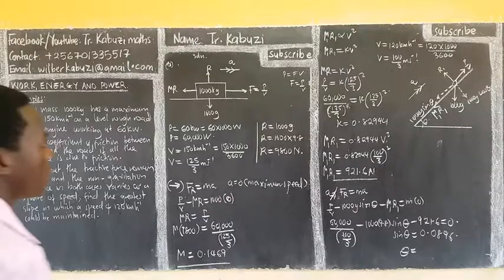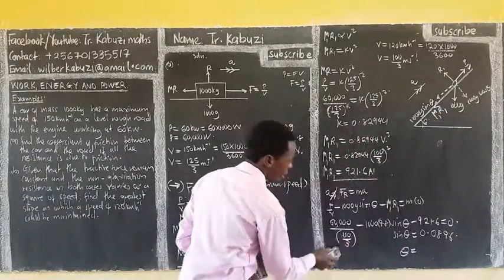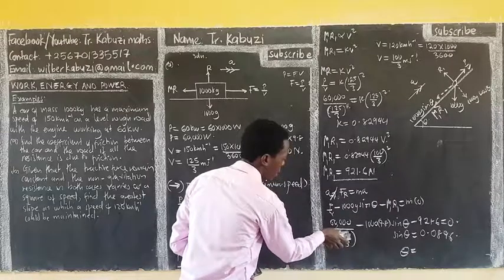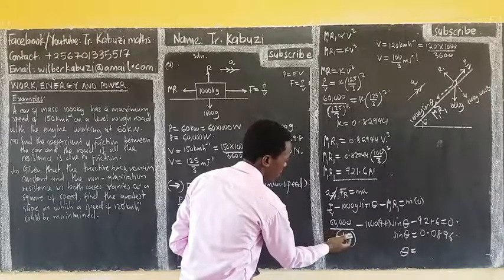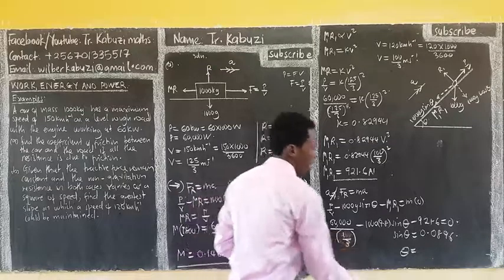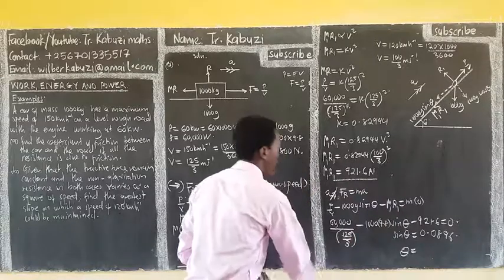The velocity, remember, the engine is working at the maximum speed there. This one is 125. This is where I made a simple error, this one is going to be 125.